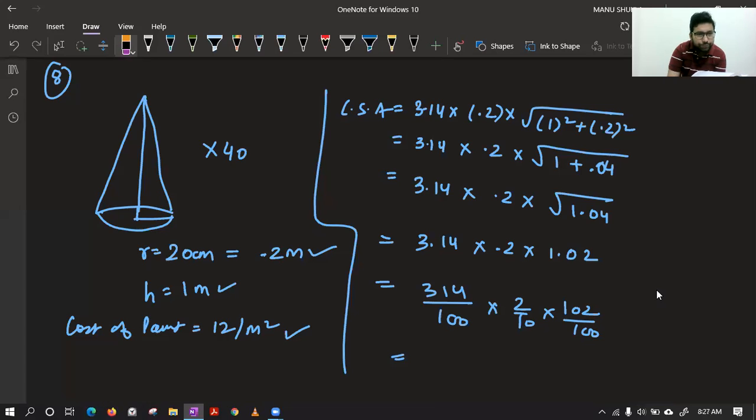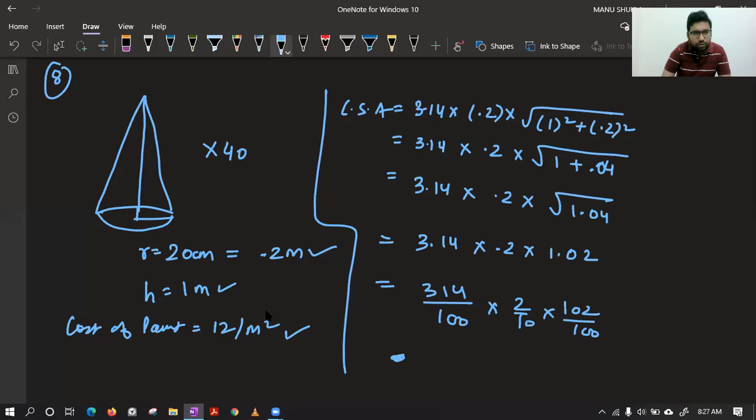Class, tell me. Okay, you have multiplied 50 also. First tell me this curved surface area, then we'll multiply it. So this is the curved surface area we have to find for how many? 64056.